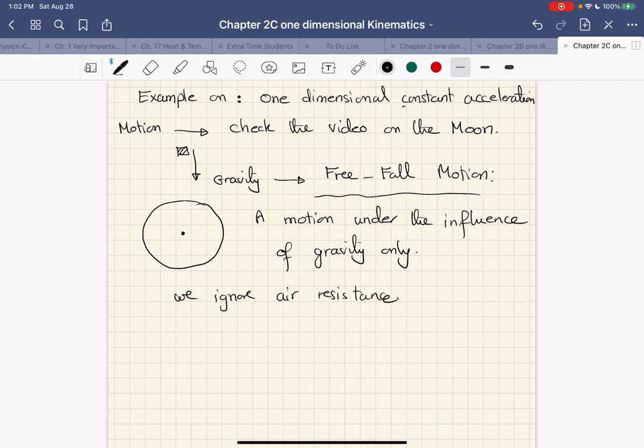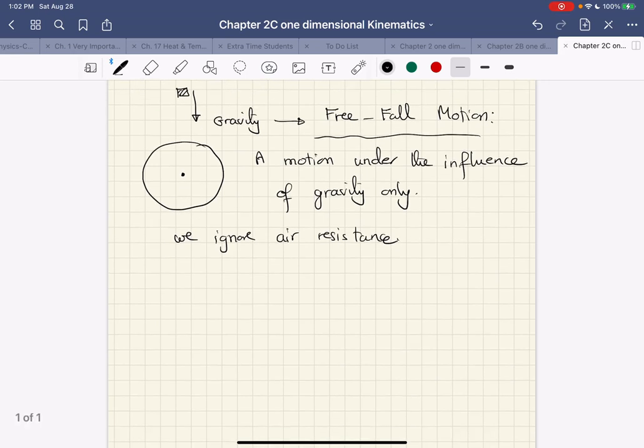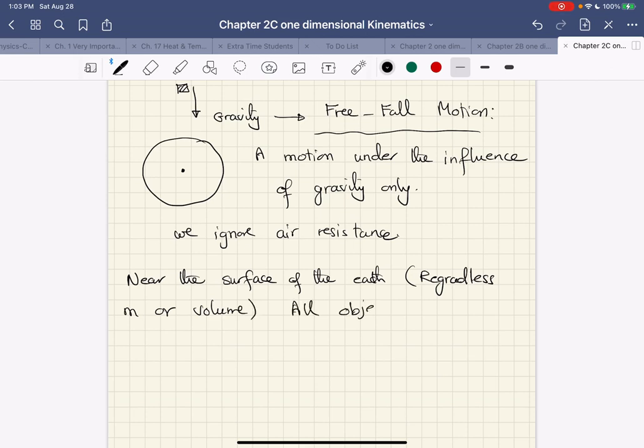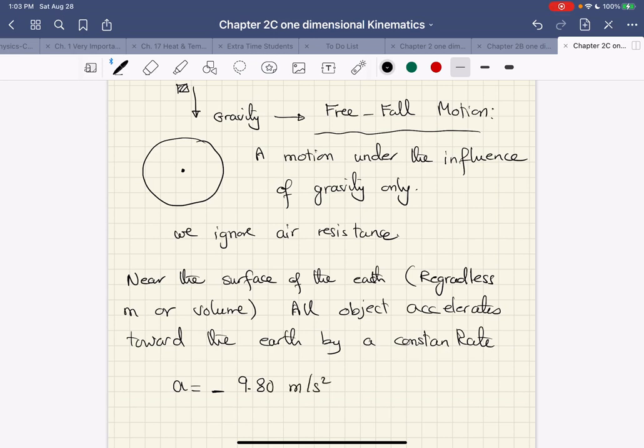Then it has been proven by all the scientists that near the surface of the Earth, and regardless of what the mass is, all objects accelerate towards the Earth by a constant rate, and that it is negative 9.8 meters per second squared.